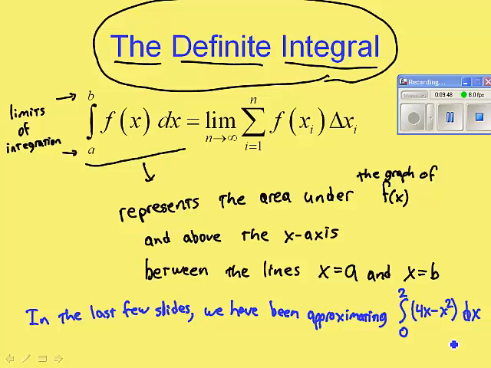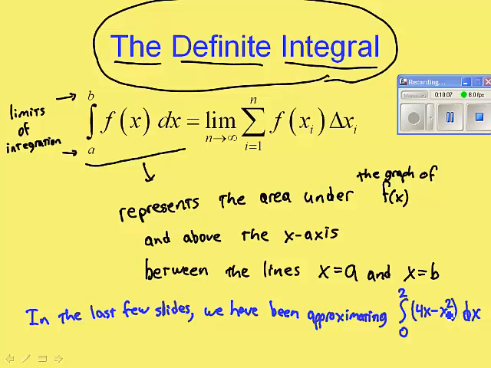Okay? So the definite integral we get as an area under a curve. That's what it is. That's how we want to think of it.